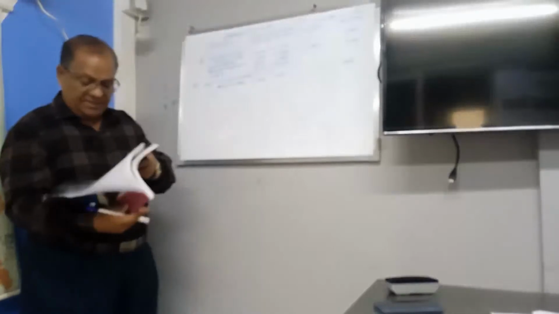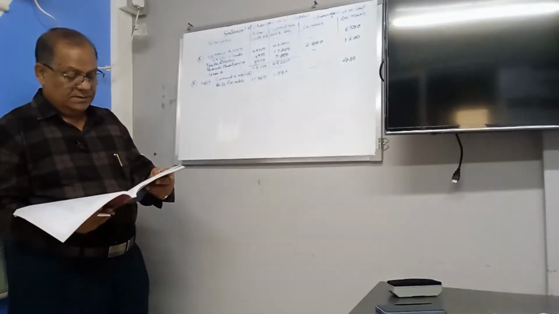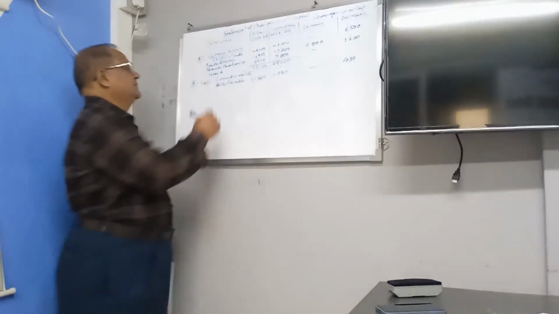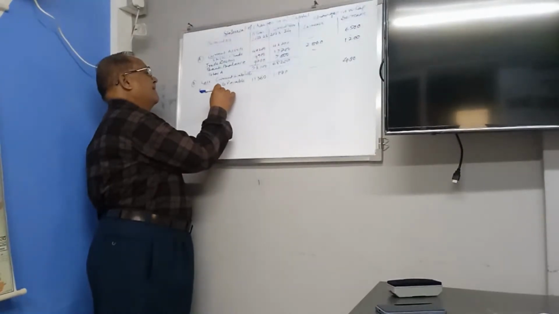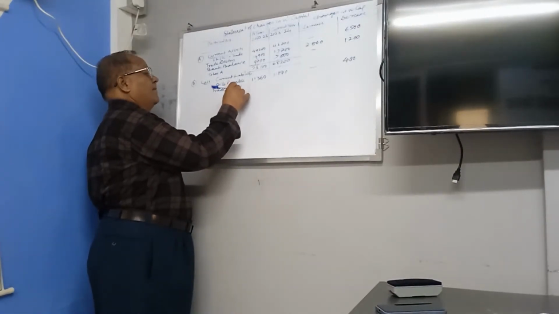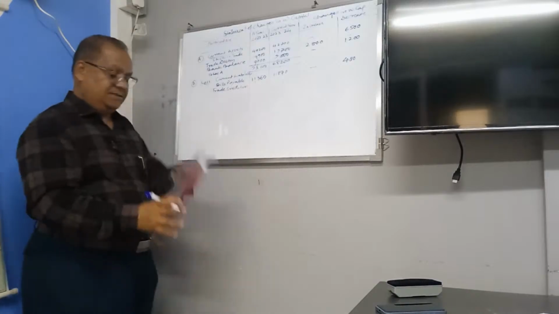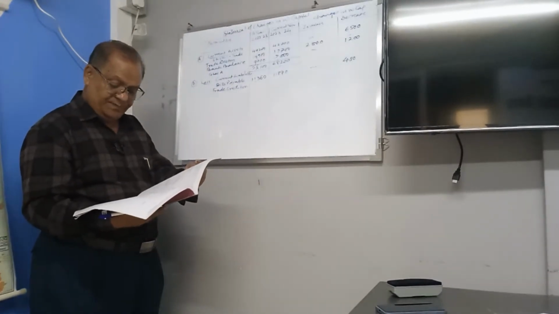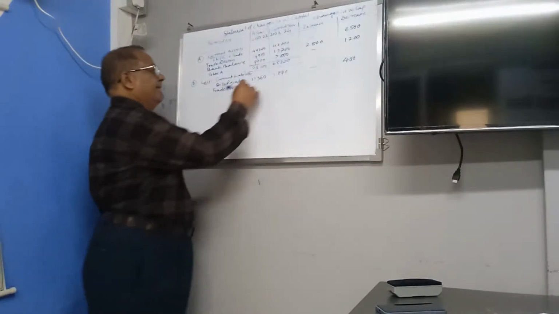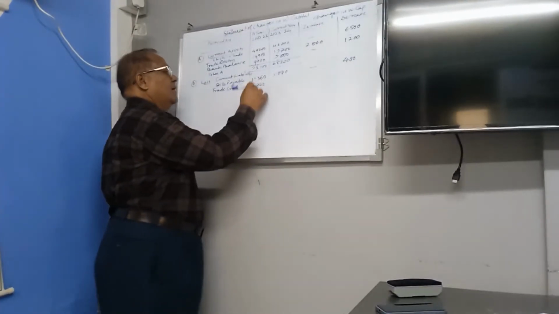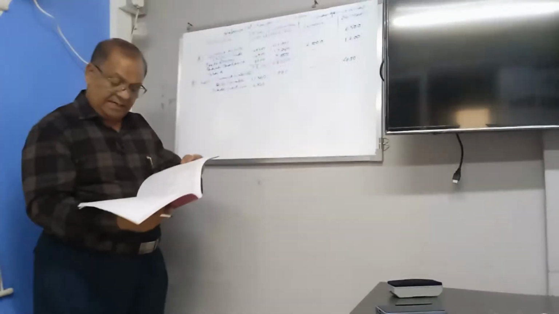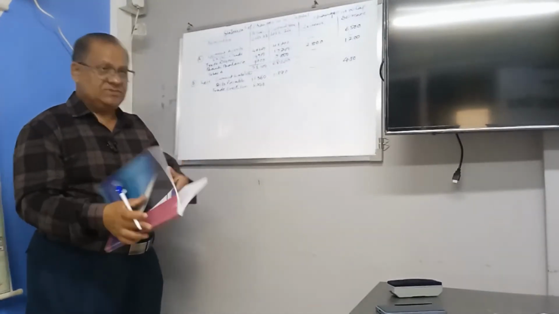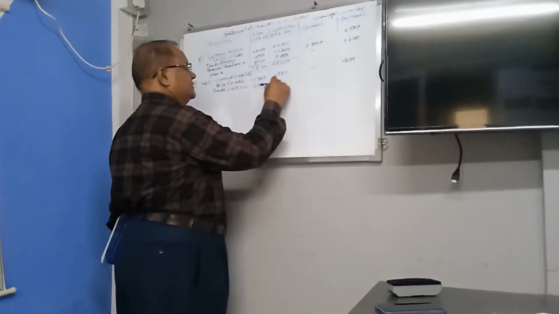Then another, sundry creditors, trade creditors. The amount of trade creditors is given to you as 5,740 and another is 6,360.